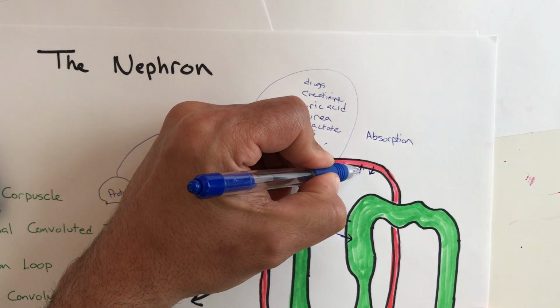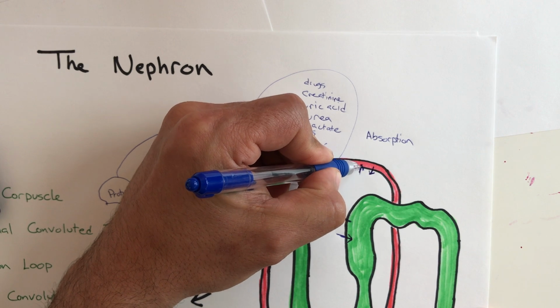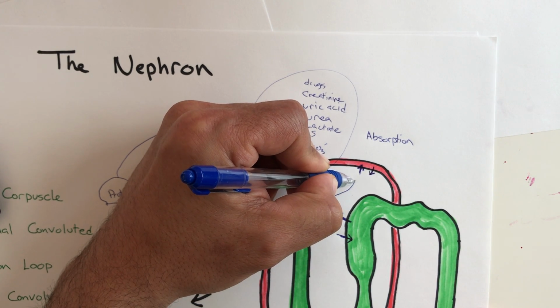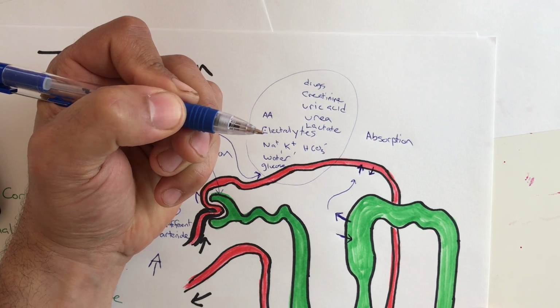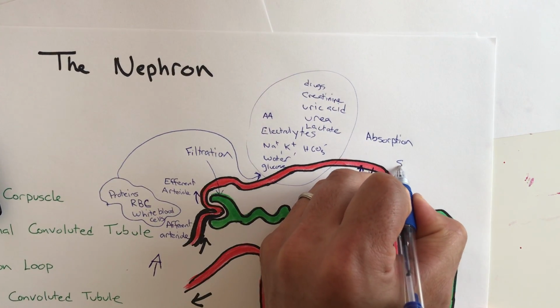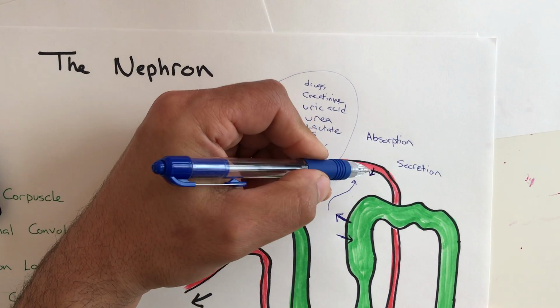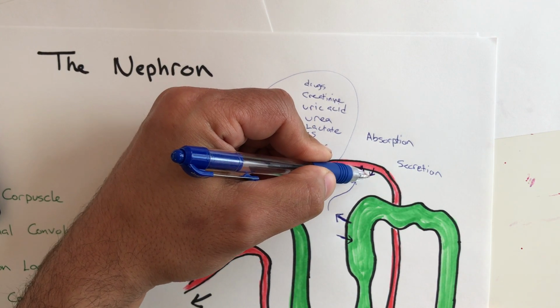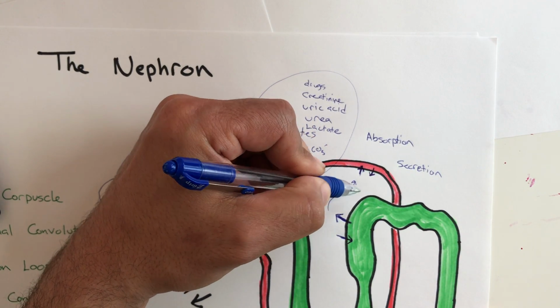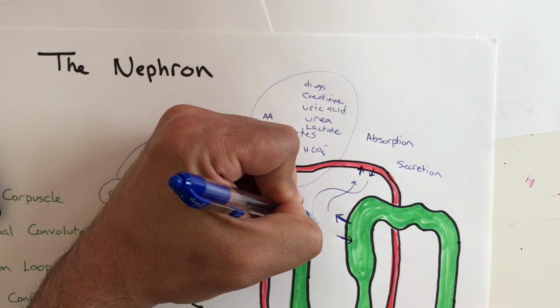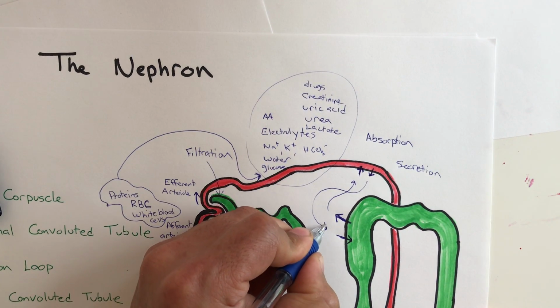If it enters the blood, it's called absorption. We're reabsorbing. If it exits the blood or enters the tube, it's called secretion.